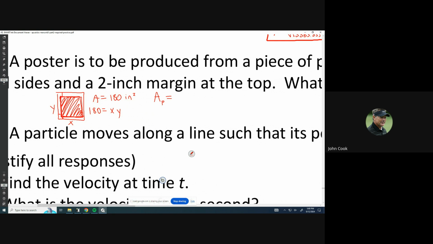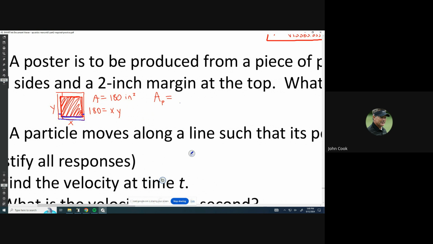So how do I find those dimensions? Well, I want to get those dimensions in terms of X and Y. It's actually not that bad to do. Let me get a different color so I can highlight it. There it is. This length right over here, I can get in terms of X because I know that this length is X, but I can take away these two 1-inch margins to get the length at the bottom of the printable space.